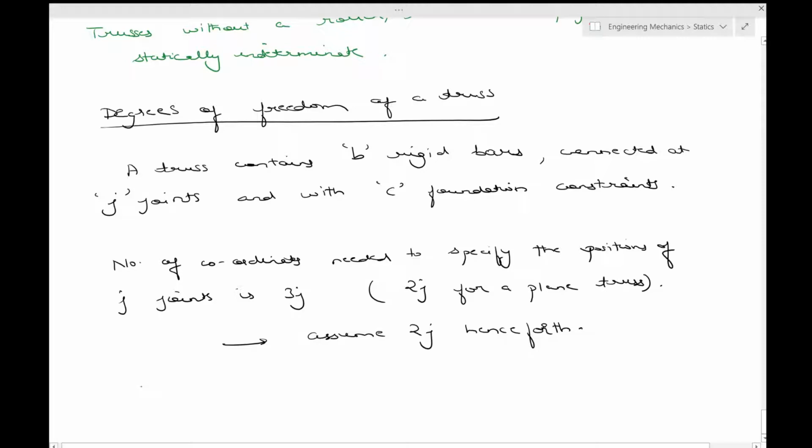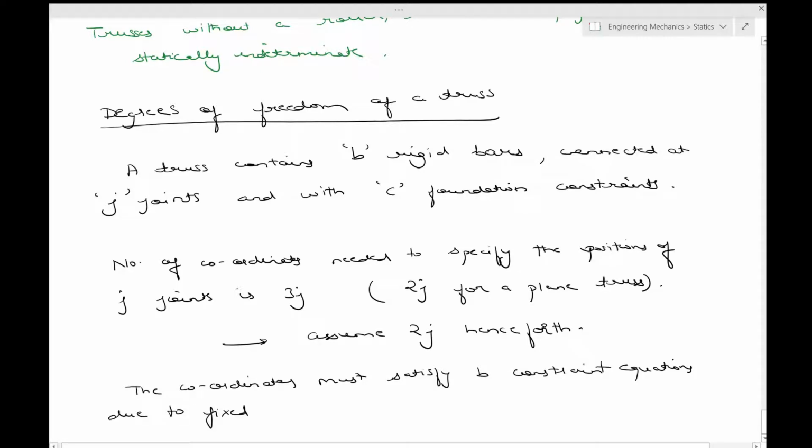So the coordinates must satisfy b constraint equations due to fixed lengths of b bars.